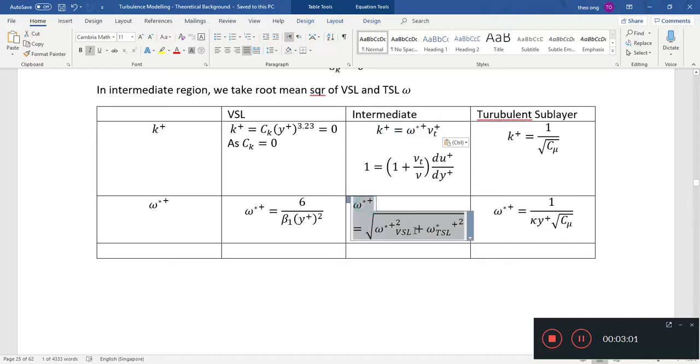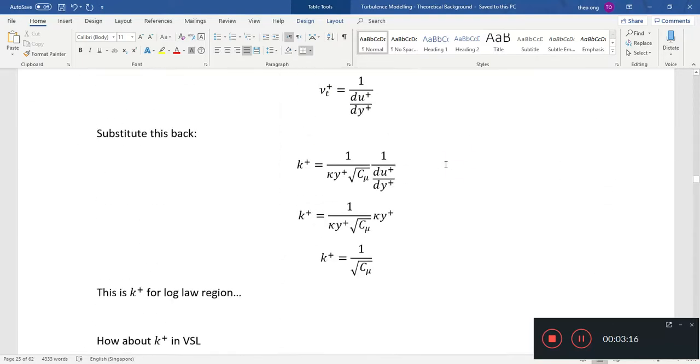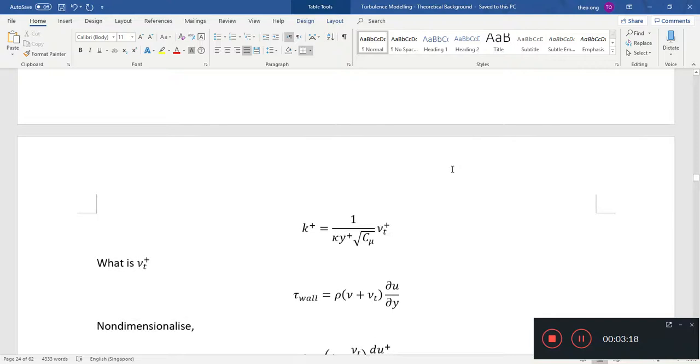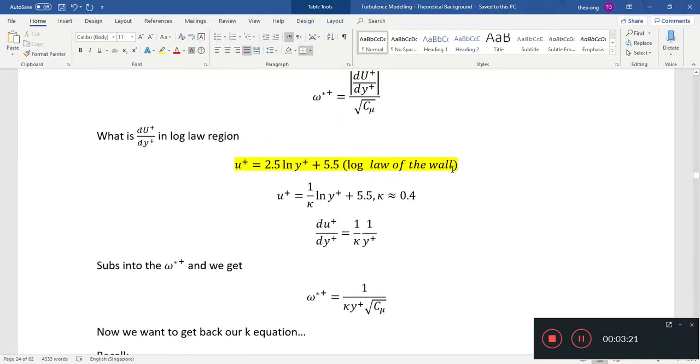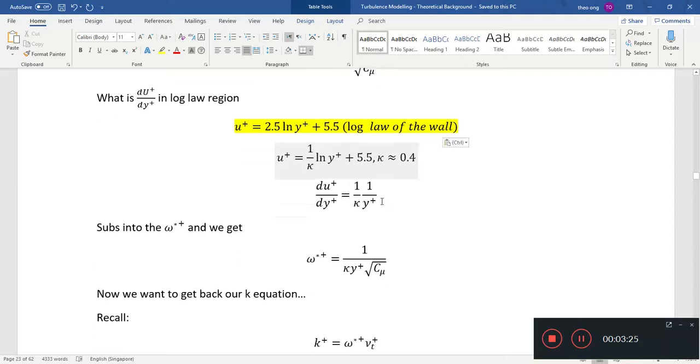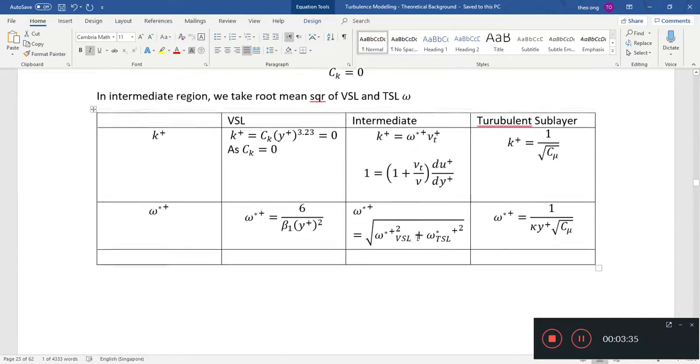Omega star plus you can get from here, nu t plus you can get from here, this expression here. Then you have your du dy plus. What is the du dy plus? We can either use the Van Driest model or whatever. This is the log law du dy plus, and otherwise it equals 1 in the viscous sublayer.